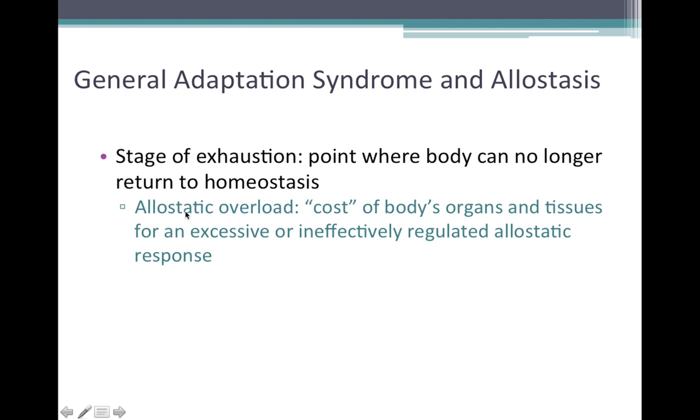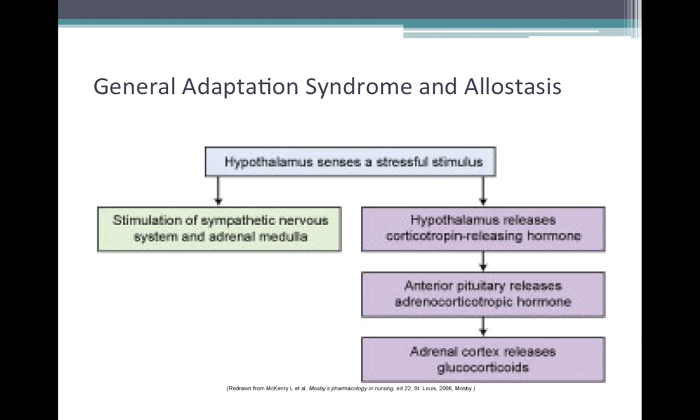Now, we talk about this as also being called allostatic overload, which is sort of the cost to your body's internal organs due to the inability of you being able to return back to homeostasis and the cost of that damage on those organ systems. And we'll talk about allostatic overload on certain organ systems in future chapters and the effects on those organs as a result of that stress.